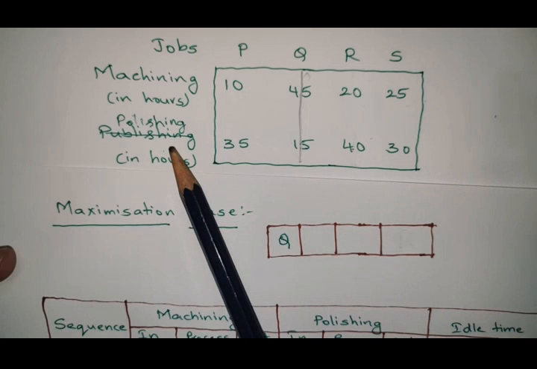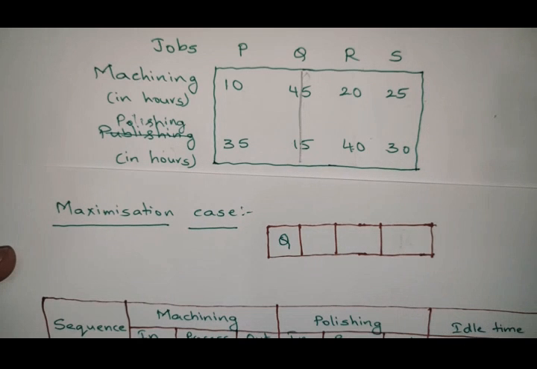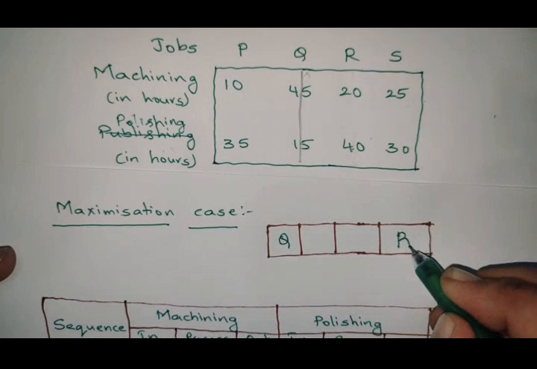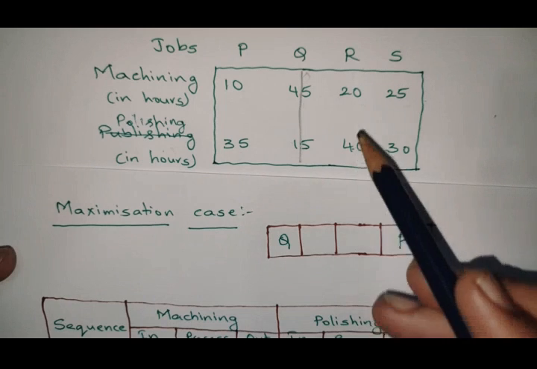So we need to write job R on the right side of the table. Here I am writing R on the right side and then striking off R.